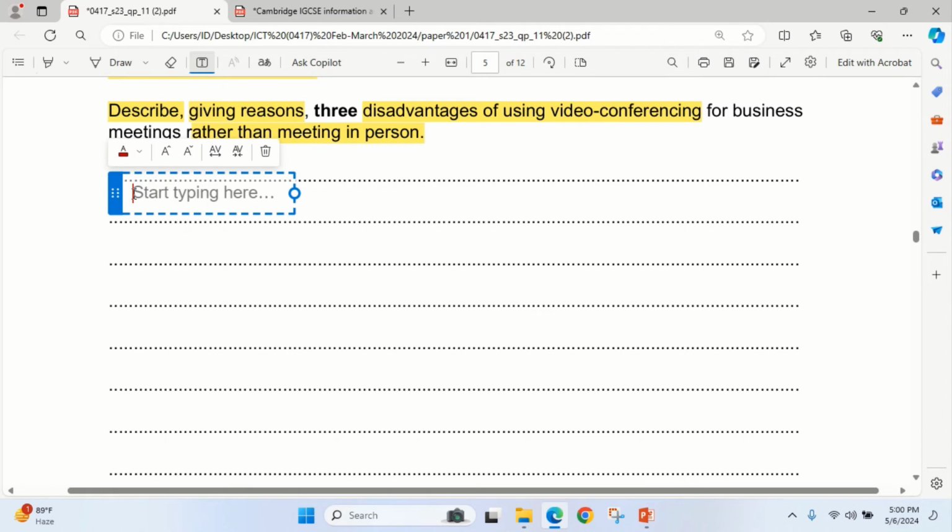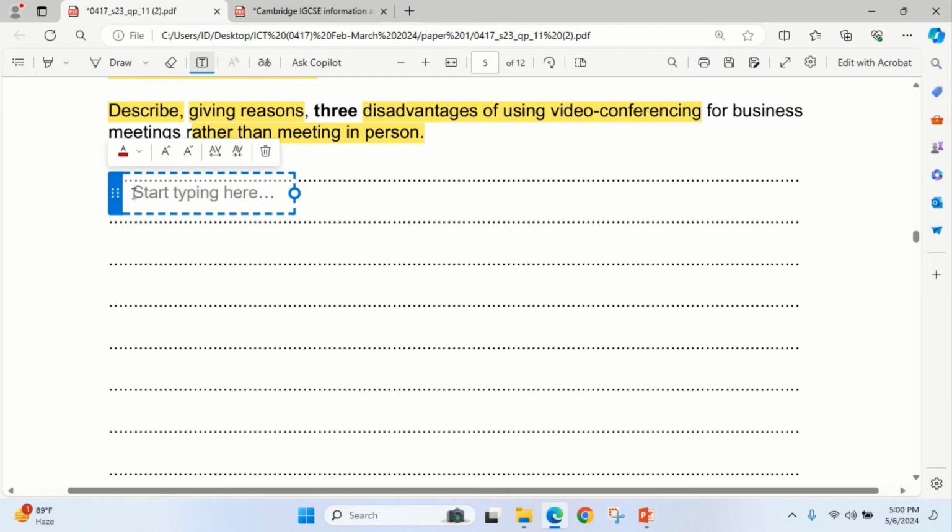So you can say that when they want to do that, it will be very difficult to carry out projects because individuals are working on their own. They only meet using video conferencing, not that they are meeting physically. So some part of the project might be a bit difficult to carry out.